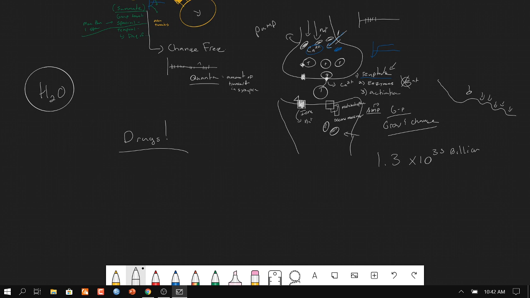Well, every single part of the brain works exactly the same way. So if you just multiply this times 1.3 times 10 to the 33 billion times, you understand how the brain works. No problem. Get going.